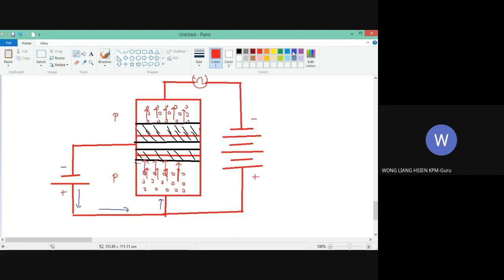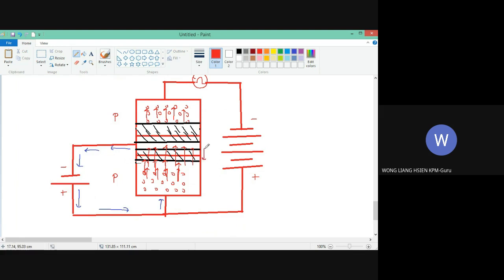And then here, the negative will be able to attract the hole. So the hole will be able to pass through the diffusion layer because it is forward bias. Of course, the voltage of this small power supply here must be higher than the junction voltage.